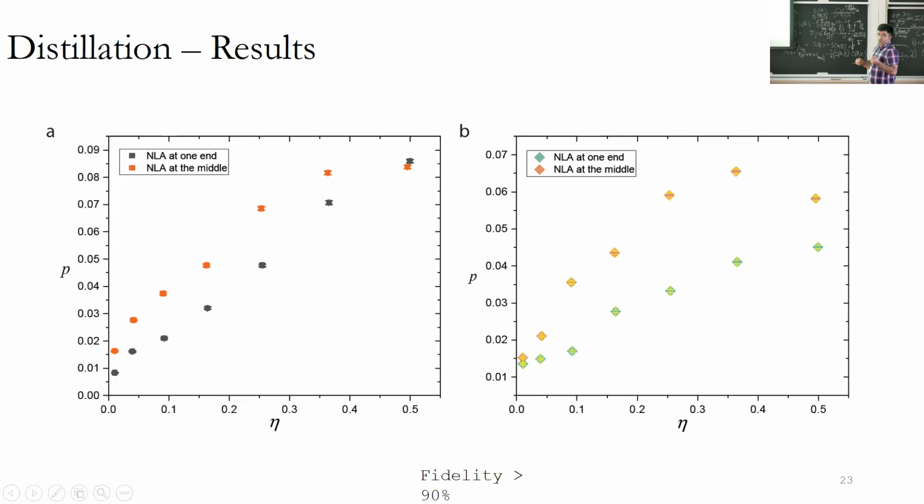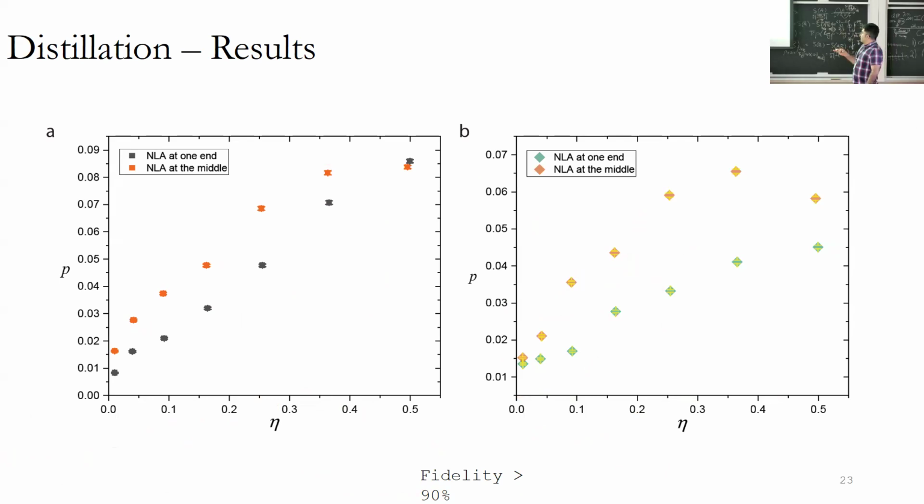But most of my talk was about probability of success. To make sure we are actually sharing a very good state between these two parties, I only chose or filtered the data to have the high fidelity results, and the low fidelity results, which show a better improvement in the probability of success, are not included.